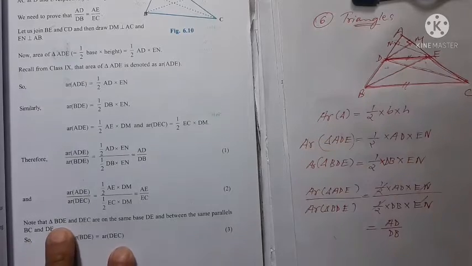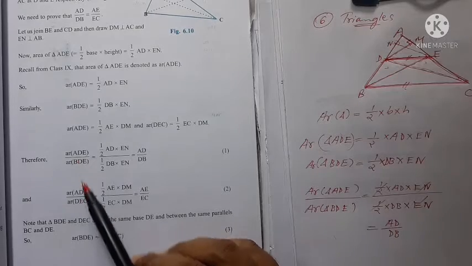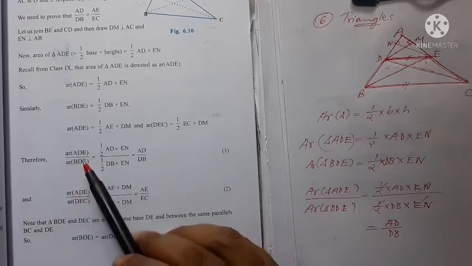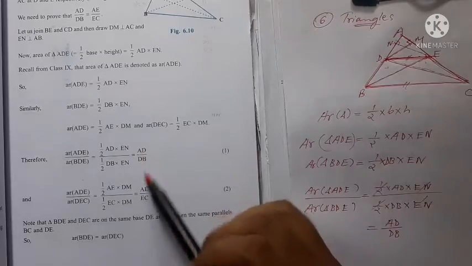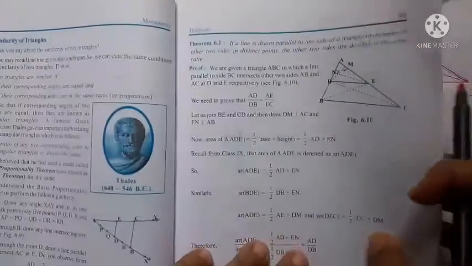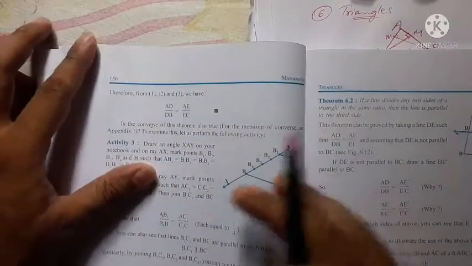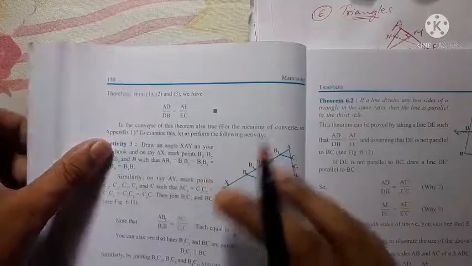So the areas of these two triangles are the same, and the denominators are the same. So we conclude that equations 1 and 2 are the same. The value of 1 is AD by DB and the value of 2 is AE by EC. Therefore AD by DB is equal to AE by EC. Hence proved.